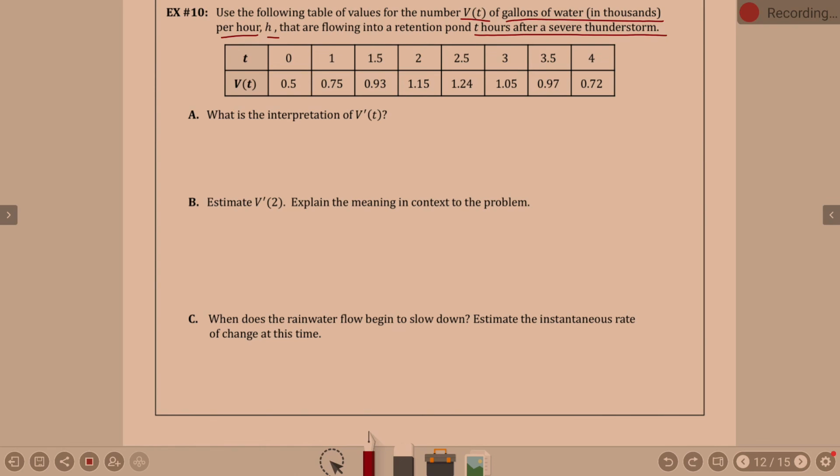So, I'm going to put IROC here. You guys know instantaneous rate of change, yes?